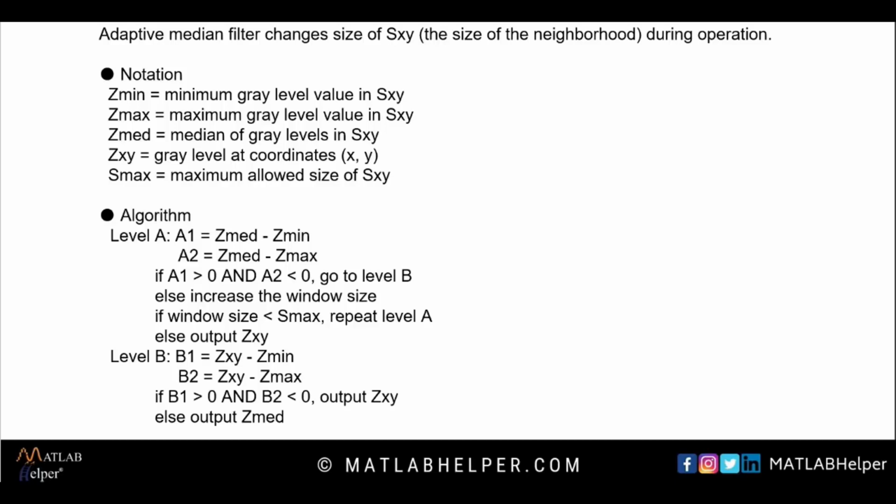If that is true, as the algorithm goes, you should go to level B. Else, the size of the window should be increased. If the window size is less than Smax, then level A should be repeated. If the window size is greater than Smax or equal to Smax, then the output of that pixel is the current pixel itself, Zxy.